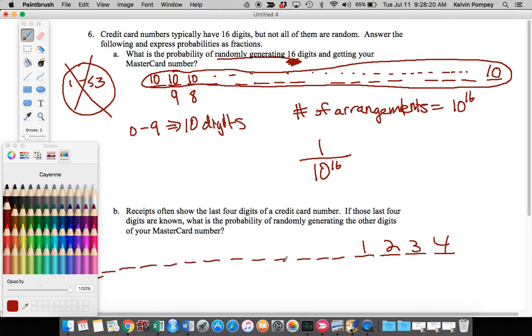So our sample space is a lot smaller because these are already set. These are the ones that we randomly generate. Since they're digits from 0 to 9, I get 1 over 10 to the 12th as the probability.